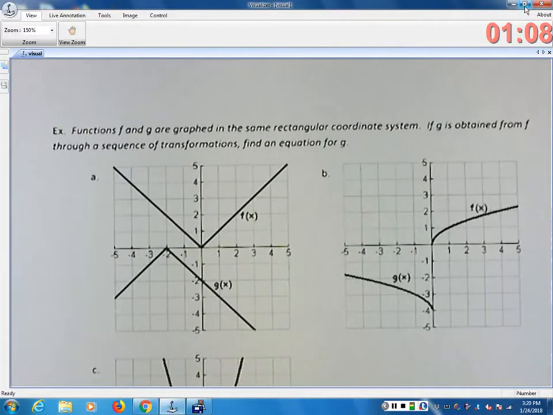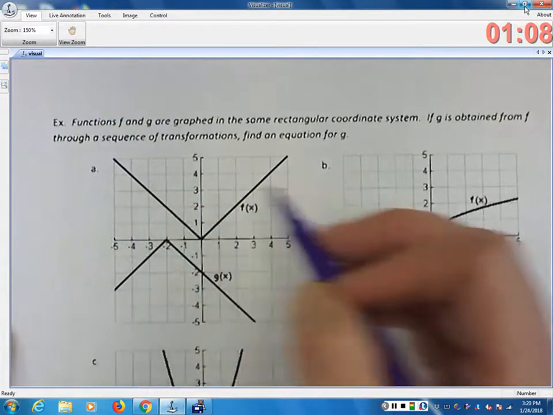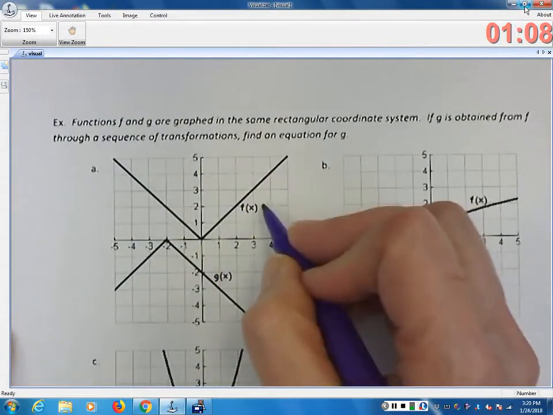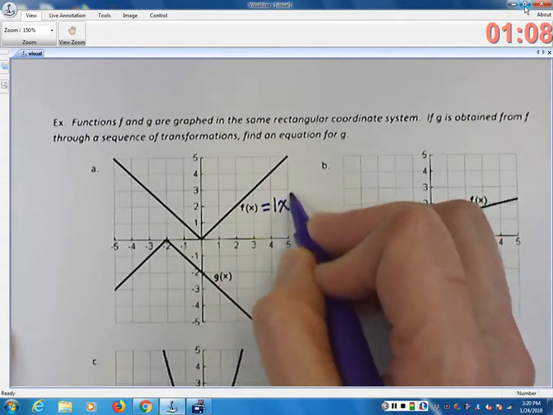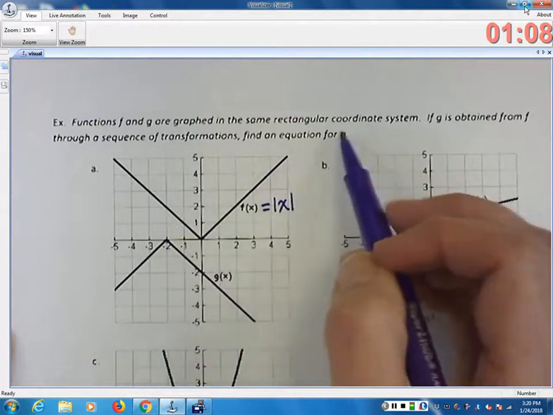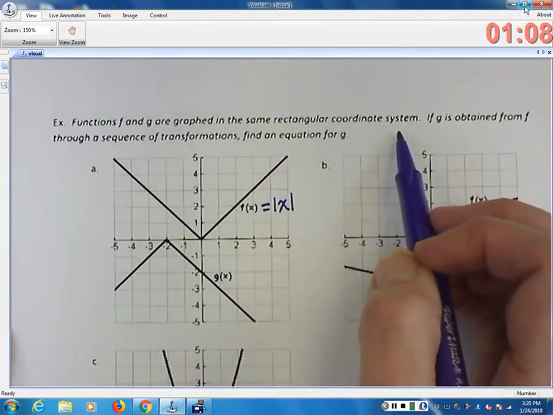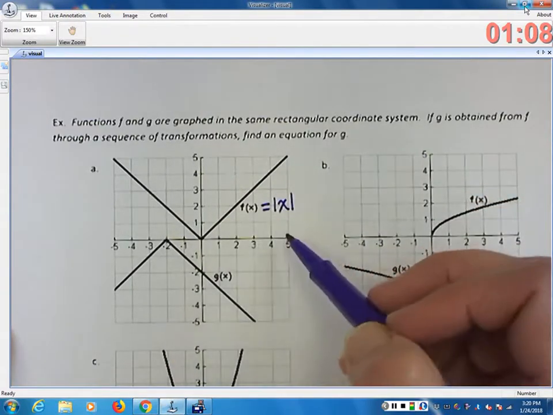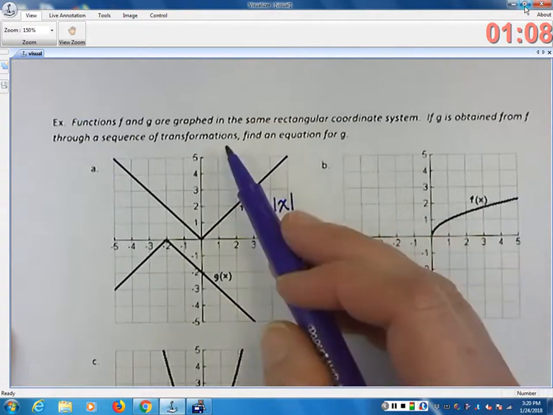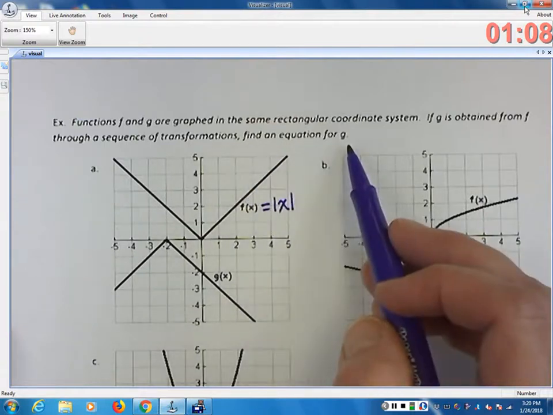So here's a little exercise of some of these in the book. Here we have f of x is actually absolute value of x, graphed in the same rectangular coordinate system. If g is obtained from f through a sequence of transformations, find an equation for g.